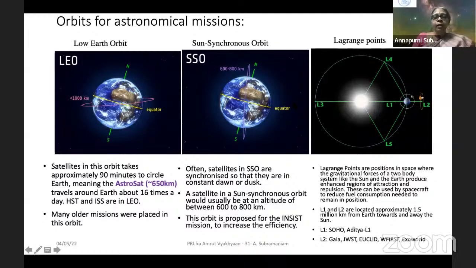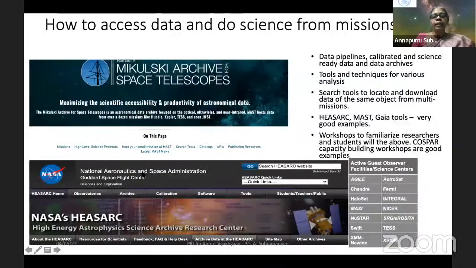Now, what do you need? You would also like to look at how to access data and also tools and techniques for each mission. In order for the space mission to be complete and utilized well, and also quite easy for producing science outputs from the data put together by these space telescopes, archives such as MAST as well as HEASARC play a major role, because these are produced through data pipelines.